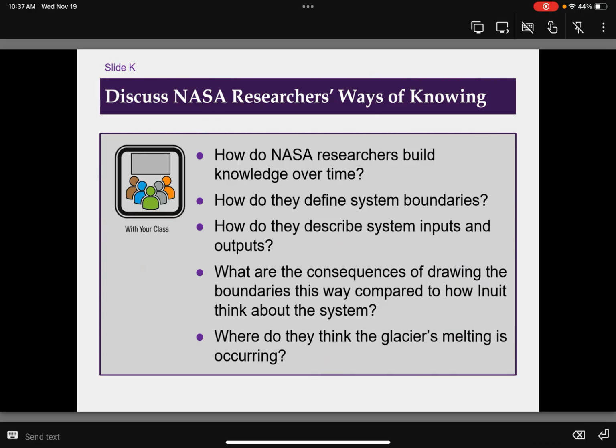How do they define the system? They use satellites and plane and boat-based instruments in the past years.